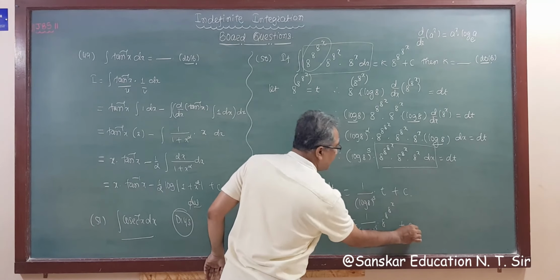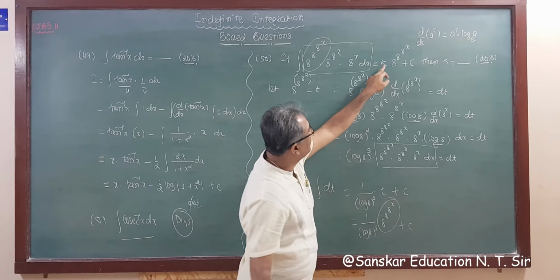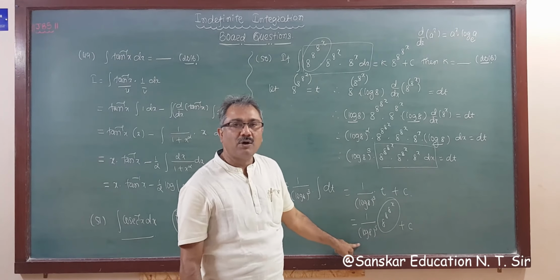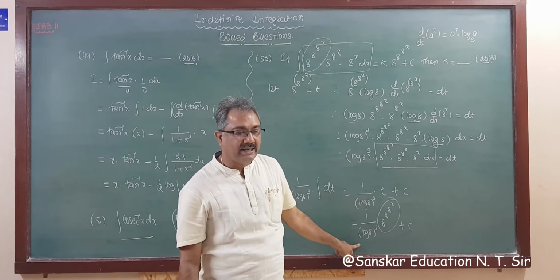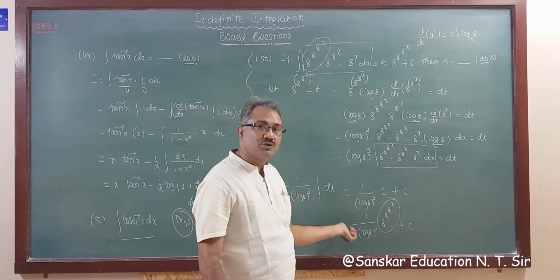So comparing with the given answer, this is given, and the coefficient of this is k. So k is 1 upon log 8 whole cube, and the given answer in option C is log 8 raised to minus 3. So k is 1 upon log 8 whole cube, and this can be written as log 8 raised to minus 3.